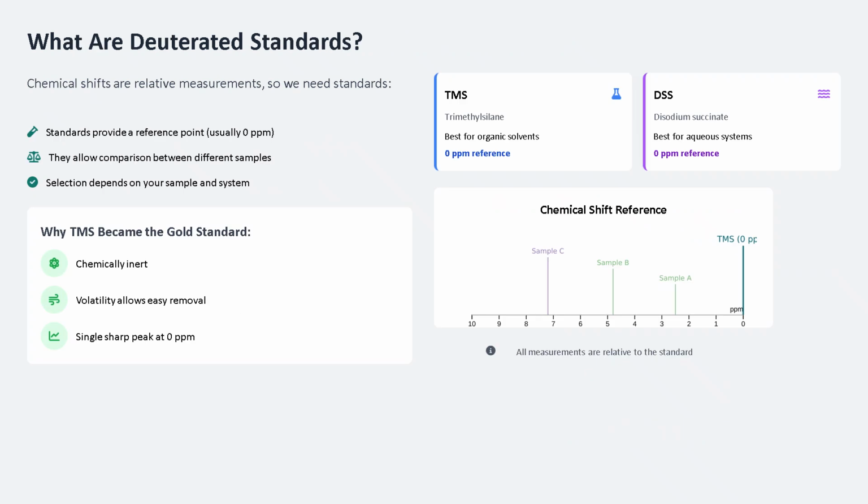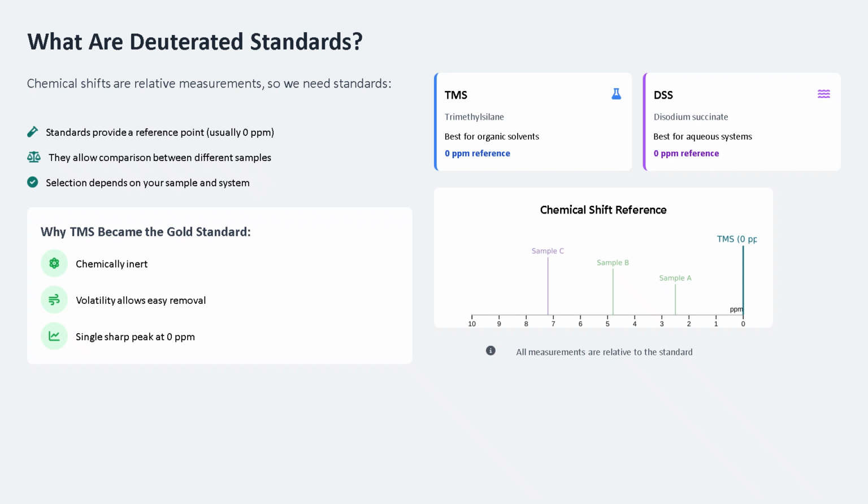Chemical shifts in NMR are not absolute values, they're relative measurements. That means every spectrum needs a reference point. This is where deuterated standards come in. Compounds like TMS, DSS, or TSP define the 0 point of the chemical shift scale.